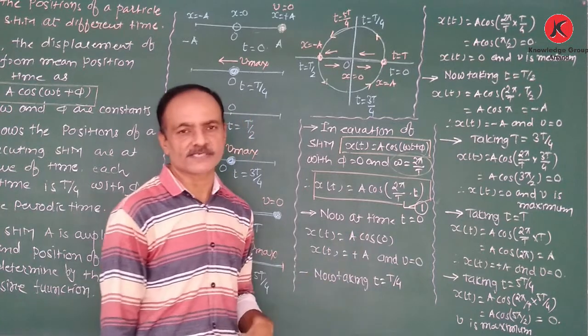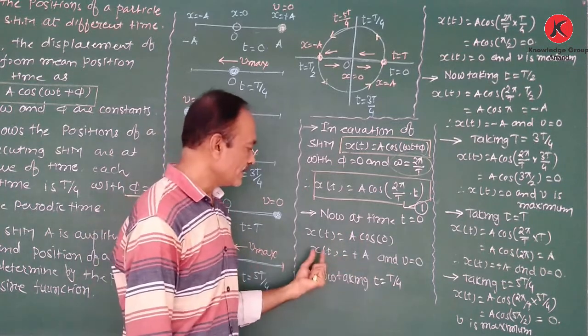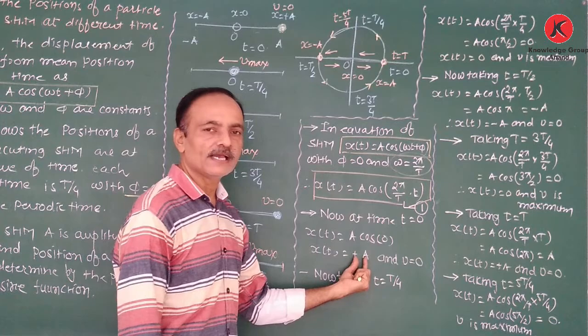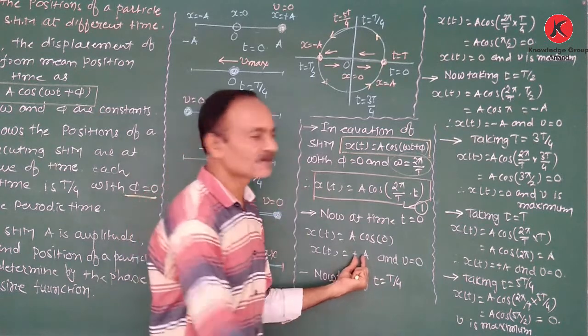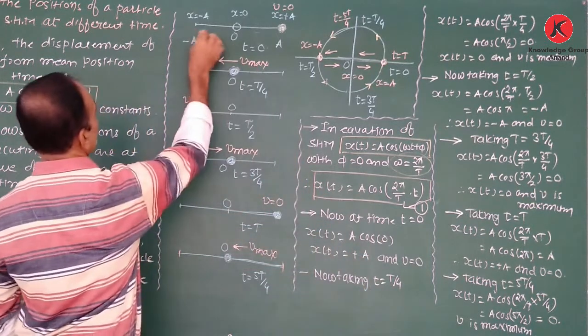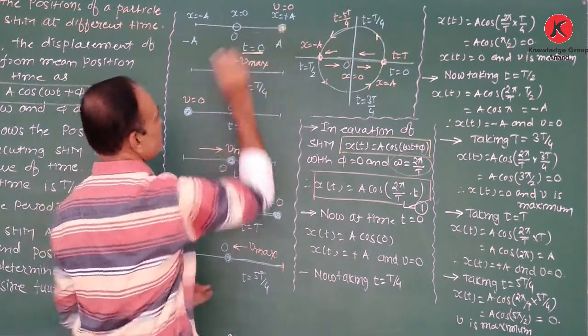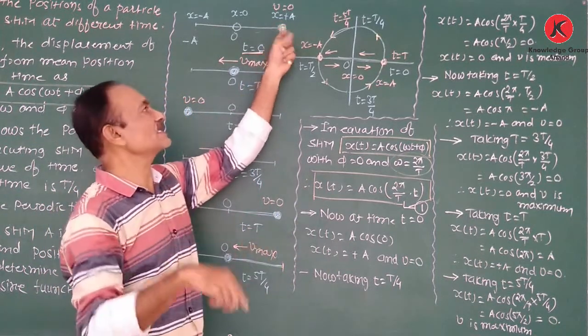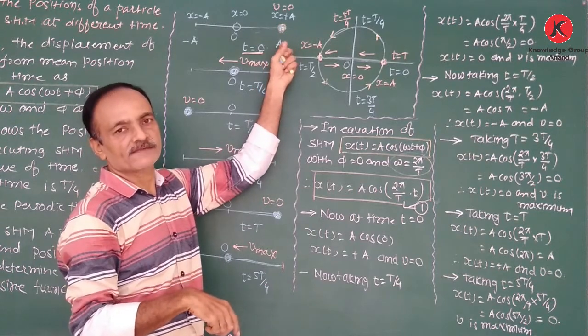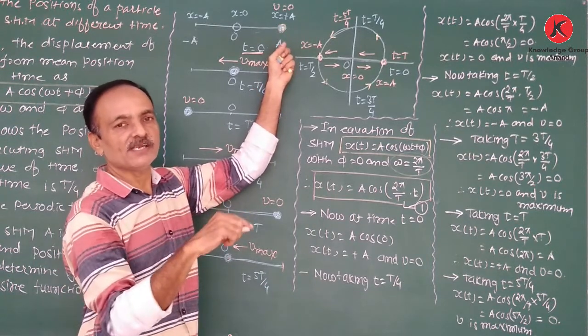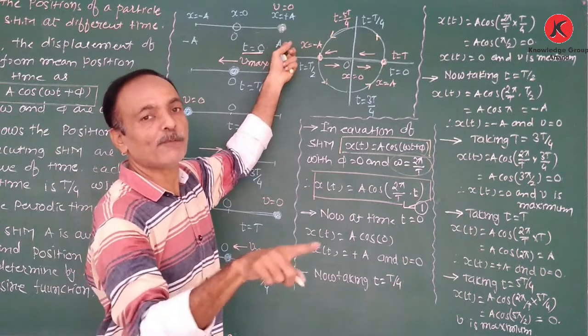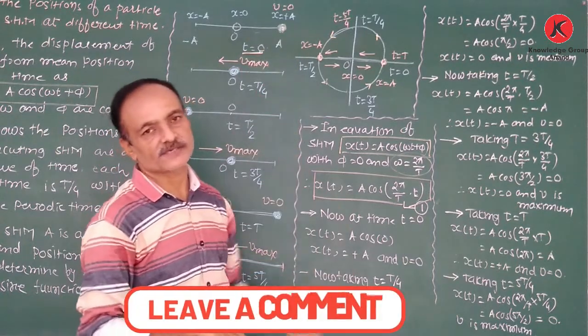Therefore a cos 0. Cos 0 is 1. Therefore x(t) is equal to plus a. At time t equal to 0, that is shown in the first figure. At time t equal to 0, the position of a particle performing simple harmonic motion is A. That is the initial position where the particle is at the end point, therefore its velocity is 0.